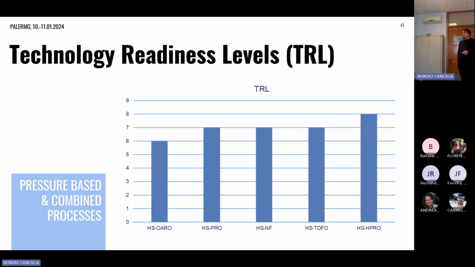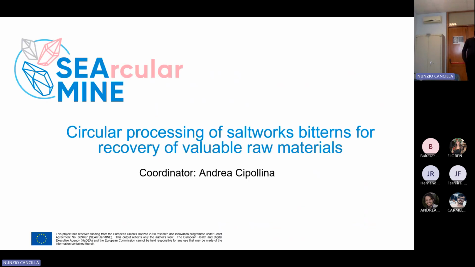Technological readiness level. So still there is some way to go for the commercialization of many of these systems. And last but not least, this was the point I wanted to reach.